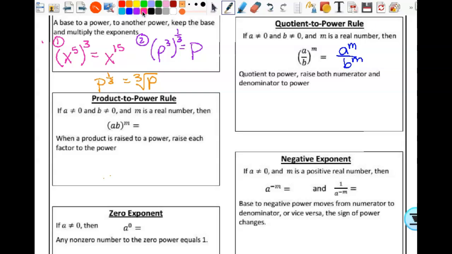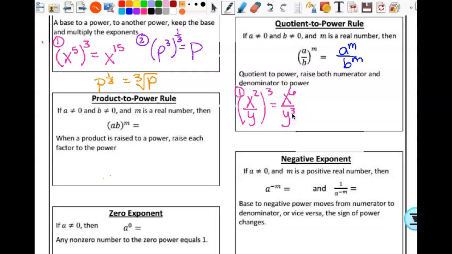Okay. So the examples here. So first one, we're going to have x squared over y to the 3rd power. So what is that going to be? X to the 6th over y to the 3rd.